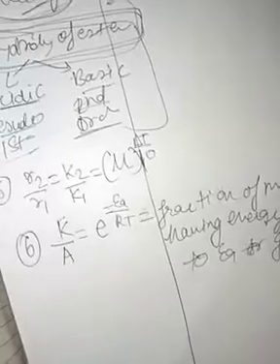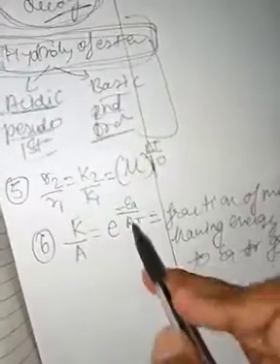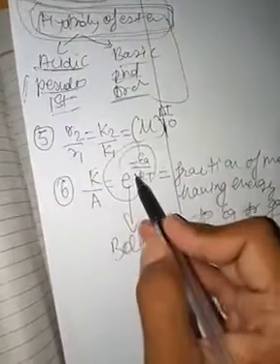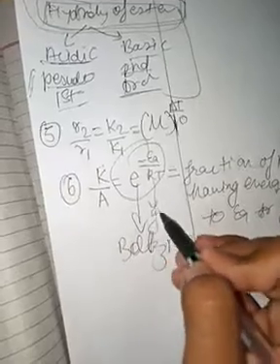This is also called the Boltzmann factor. And R here is the gas constant.